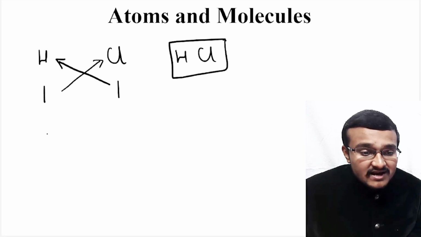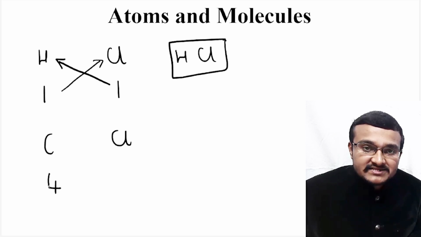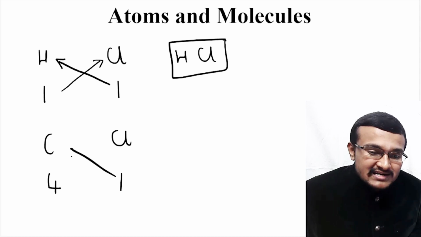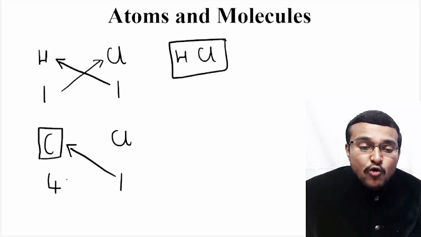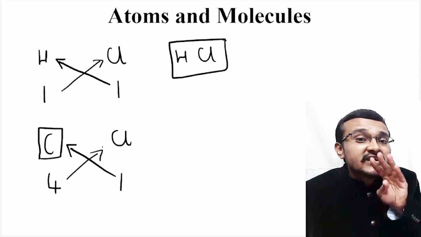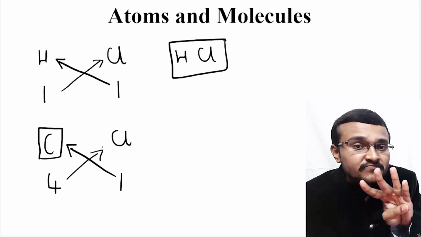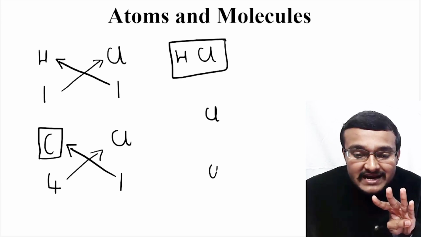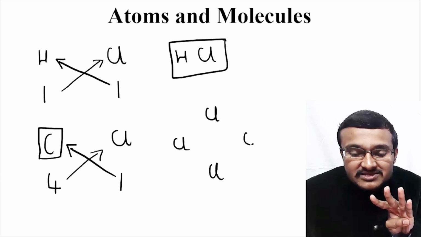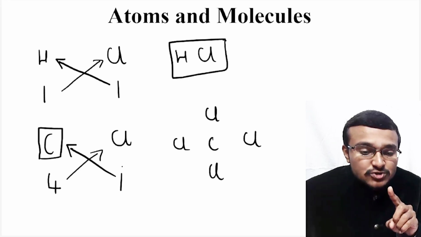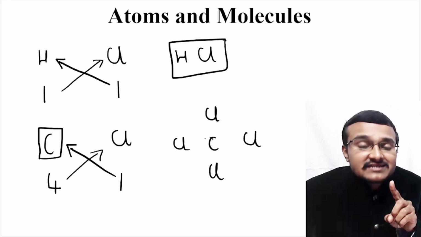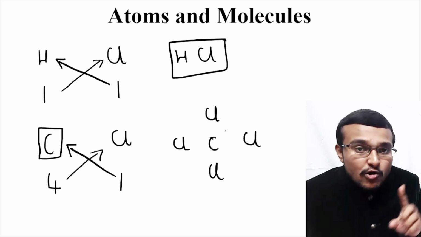Now if you consider carbon and chlorine, carbon has a valency of 4 and chlorine has a valency of 1. So only one carbon atom is enough, but to satisfy the valency of carbon, 4 chlorine atoms should be there to form bonds with this carbon. Since chlorine has only 1 valency, one carbon atom is sufficient to satisfy all 4 chlorine atoms.